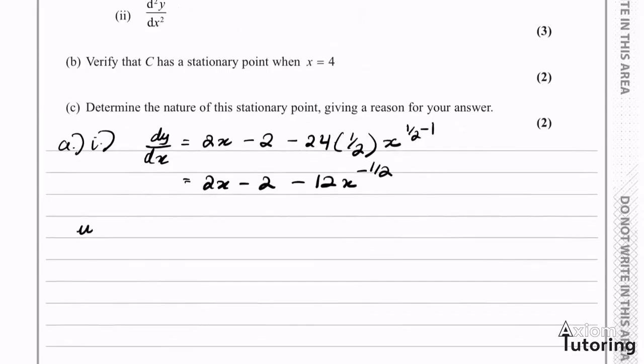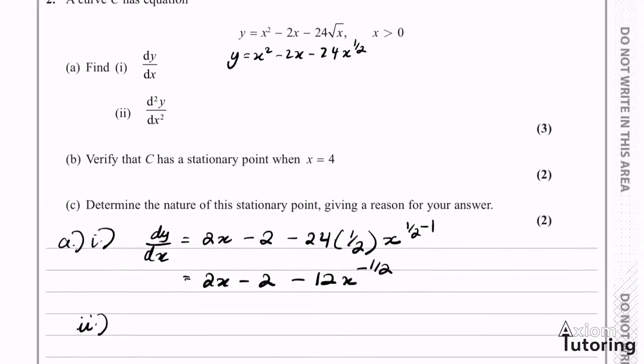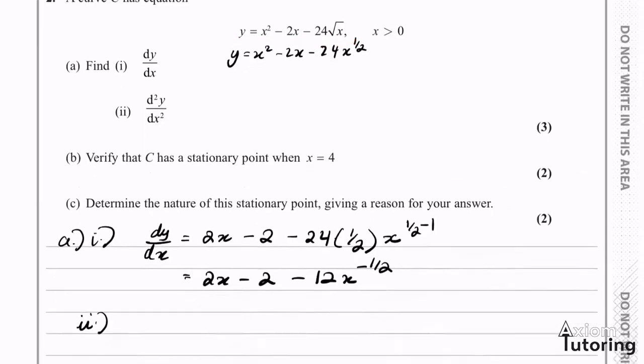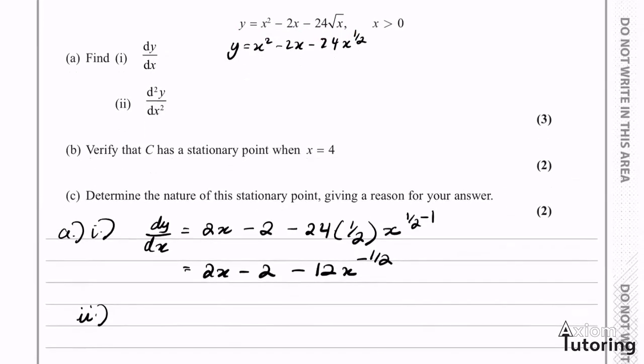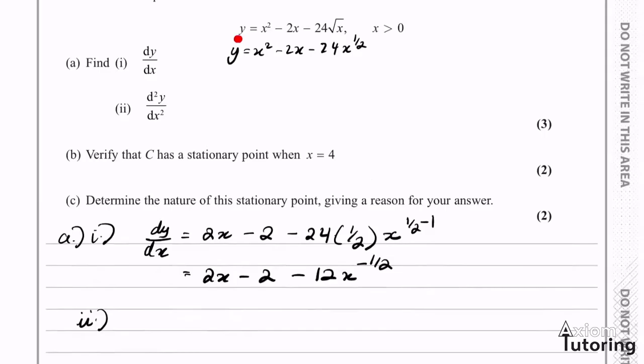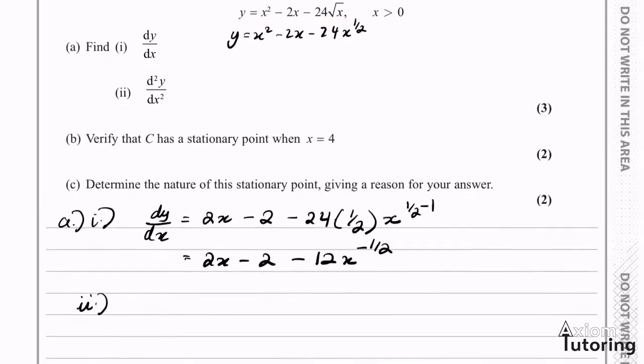Okay, so now part II, we want the second derivative of our curve equation here. So it follows on quite well from part I, because all we need to do is differentiate our function y for a second time, but we've already differentiated the first time.